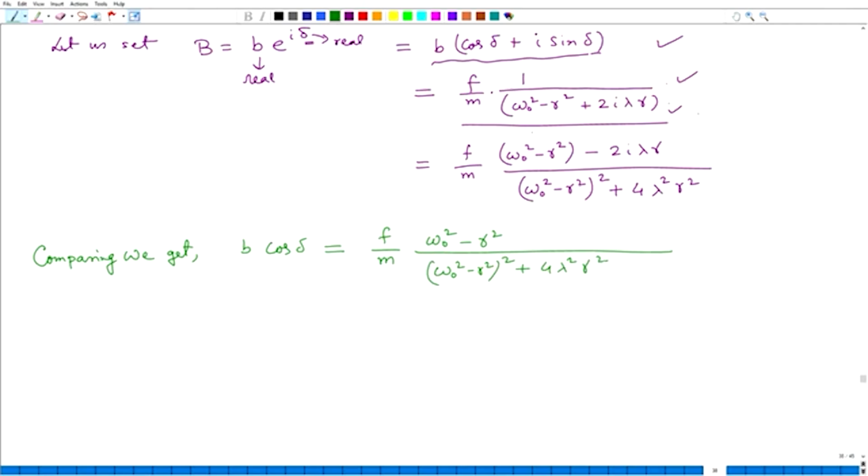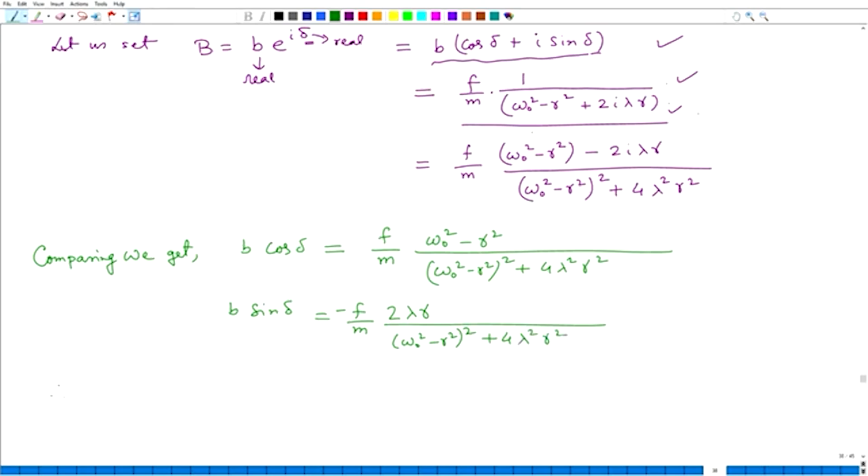And I can write B sin delta will be equal to F by m, which will now be with a minus sign, of course. Let me just check, yes, it will come with a minus sign: minus 2 lambda gamma, divided by the whole thing, omega 0 square minus gamma square whole square plus 4 lambda square gamma square.